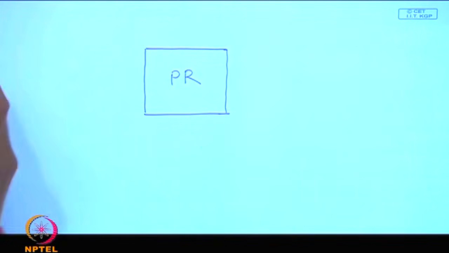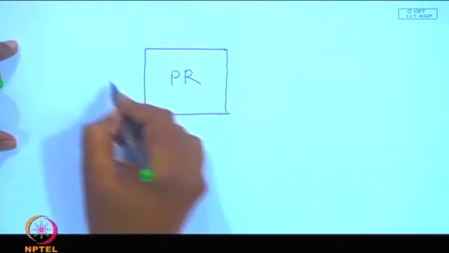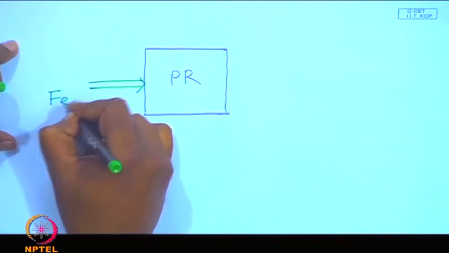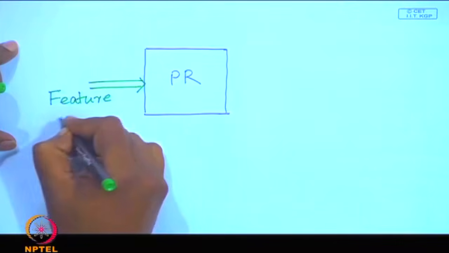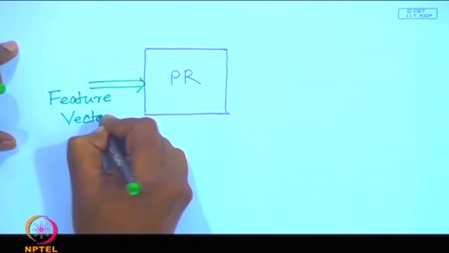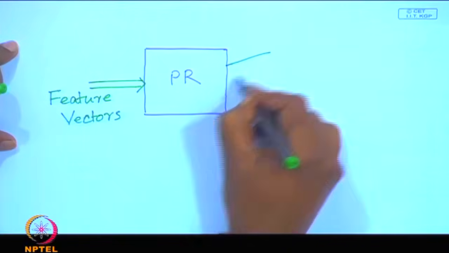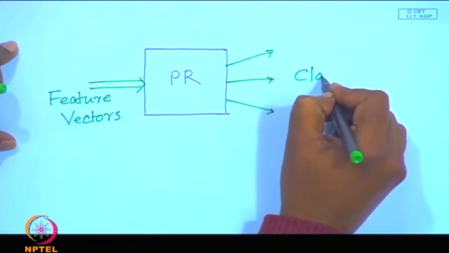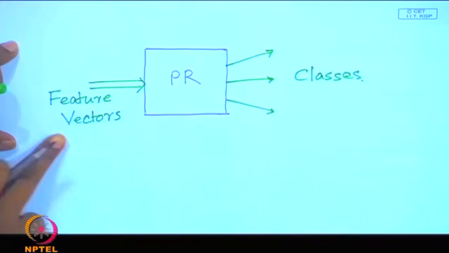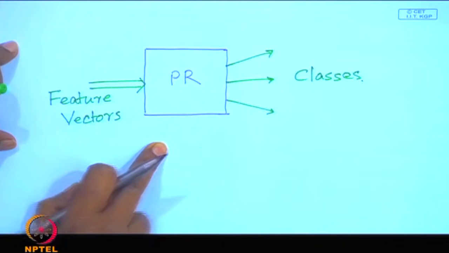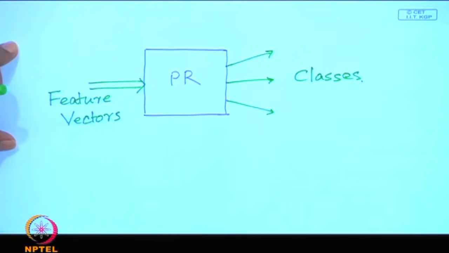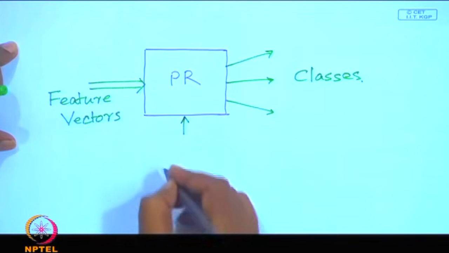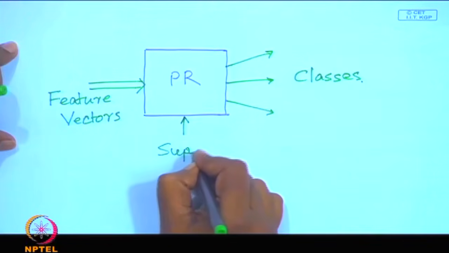Input to this pattern recognition system will be my feature vectors. So, these are feature vectors. And the output of the pattern recognition system will be the decision about different classes of this input feature vector. And this pattern recognition system must be trained or learned by a supervised learning approach.